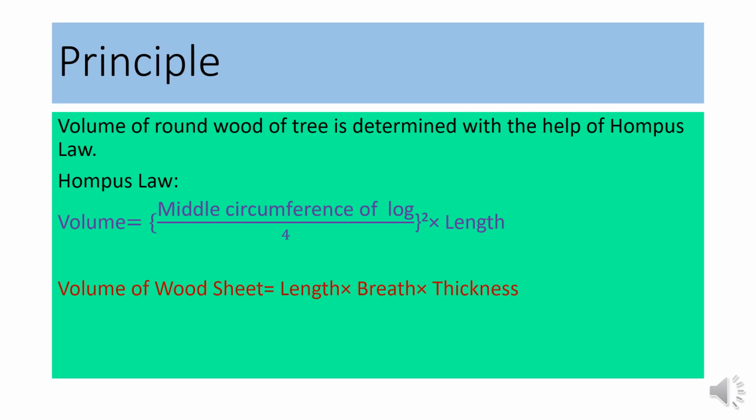Principle. Every experiment has some principle. For today's experiment, the principle is: the volume of round wood of a tree is determined with the help of Hoppus law. Basically, a portion of the log wood is always lost in the process of sawing. All the wood cannot be made usable. How much usable wood will be available from a log?